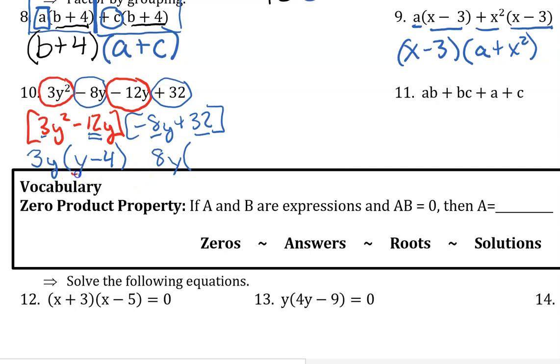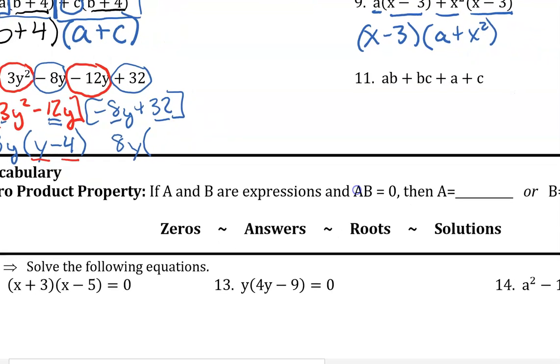In the second part of the expression, I can take out 8y, but I'm looking back at my first factorization, and I see that I want y minus 4. So I want a positive y minus 4. So I'm going to take out negative 8. If I take out negative 8 in my first term in this expression, I have left y.